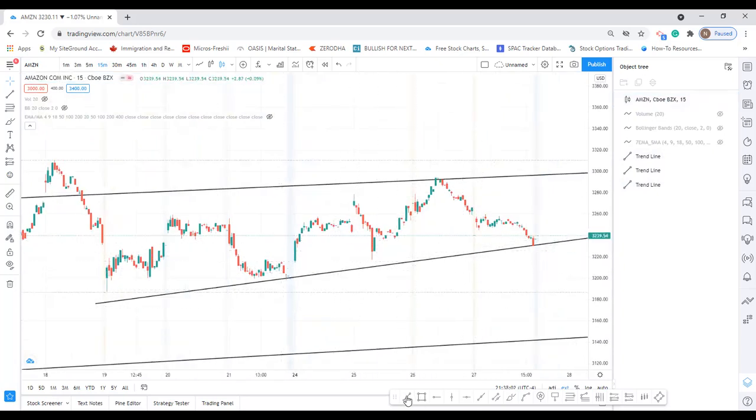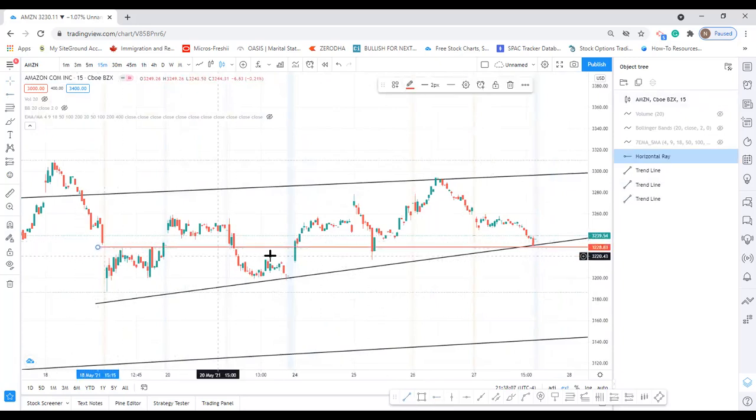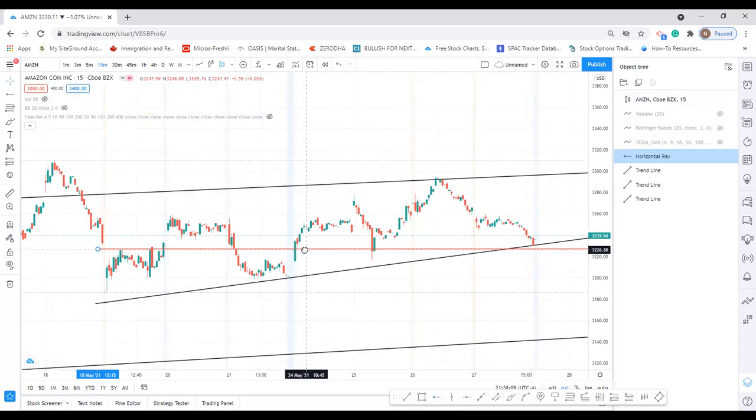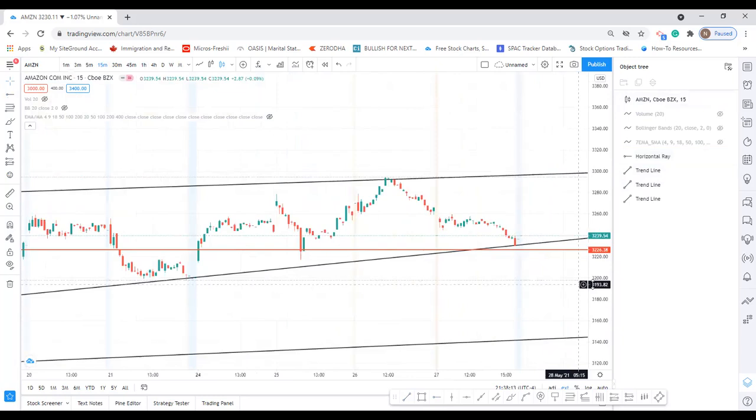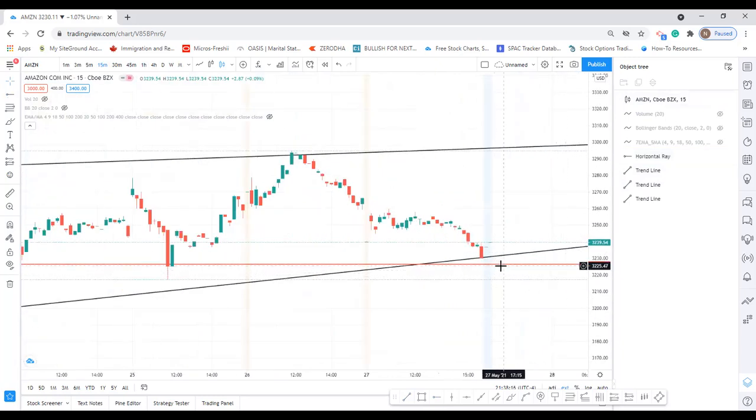At the same time, if you see here, I want to draw this level, so this is a very important area as well. Now the price might come to the 3226, which is Amazon. What's the price for Amazon now? Let me see the price for Amazon.